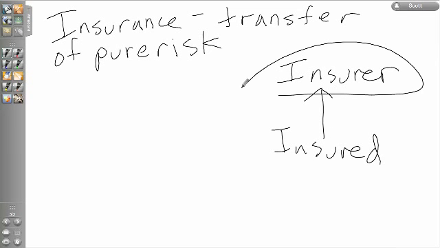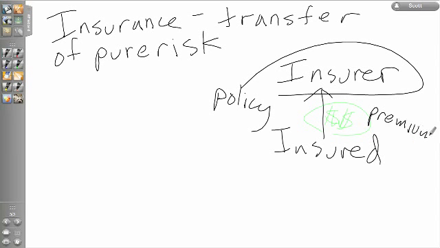So when you buy insurance, what does the insurance company issue to you showing you that there is, in fact, a contract there? What's it referred to as? They issue a policy. Now, in order for them to issue a policy, what do they want from you? They want money. And what's that money you pay for your insurance referred to as?